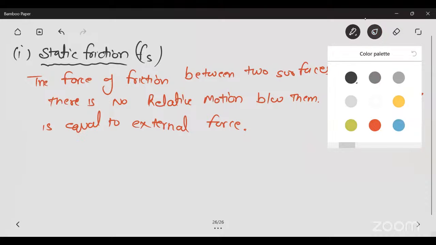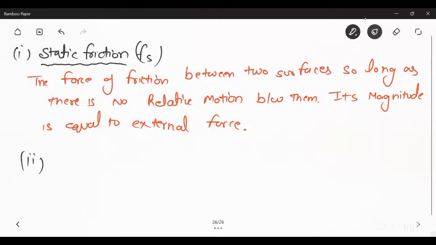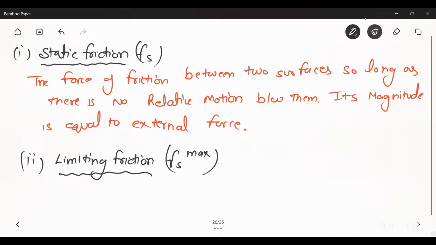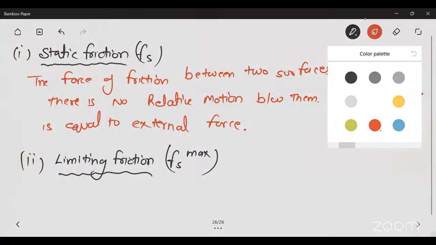Now the second topic is limiting friction. It is Fs max. So what is limiting friction?